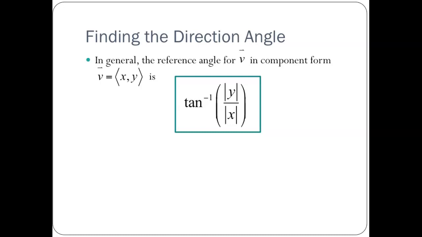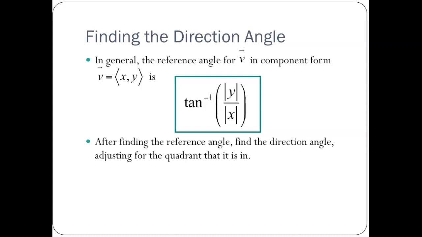After you find that reference angle, remember this gives you the reference angle, then you have to find the direction angle by adjusting for the quadrant that it is in. So you'll probably need to draw it out, determine which quadrant it's in, and from there you'll be able to use the direction angle, either adding or subtracting off that reference angle in order to determine the direction angle.